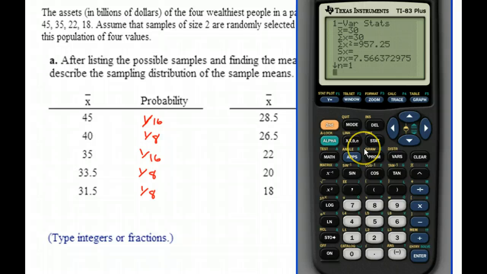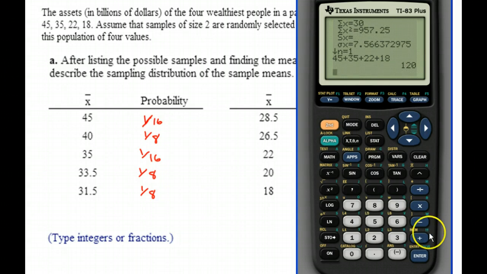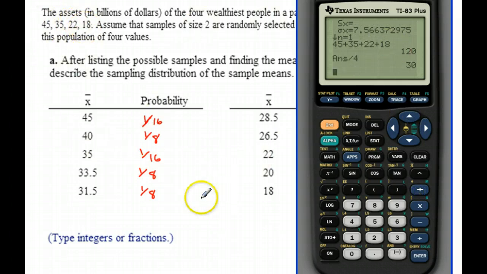I also want you to see that if I do 45 plus 35 plus 22 plus 18 and then divide that by 4, I get 30. That's the mean of these numbers, the mean of this distribution.